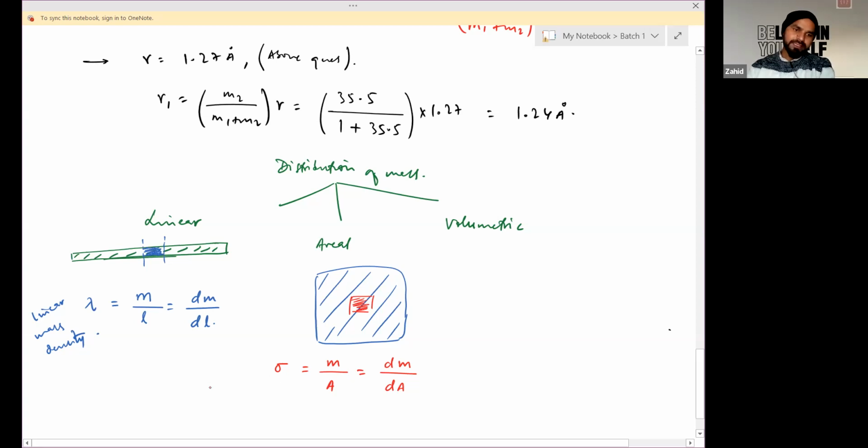So this sigma for this distribution is termed areal mass density.